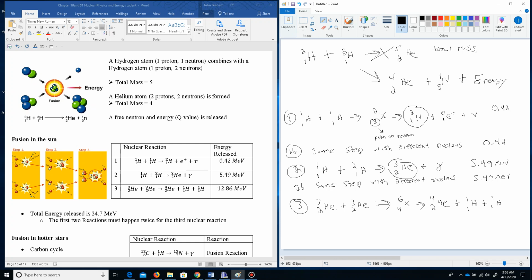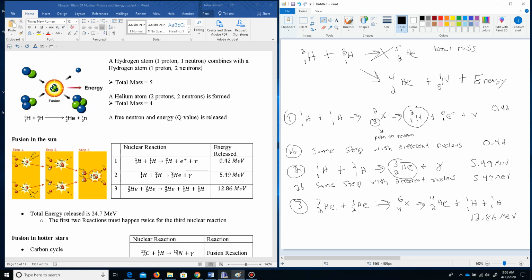So separate hydrogen atoms being released together, not combined together, but released together. And that whole reaction is 12.86 MeV.